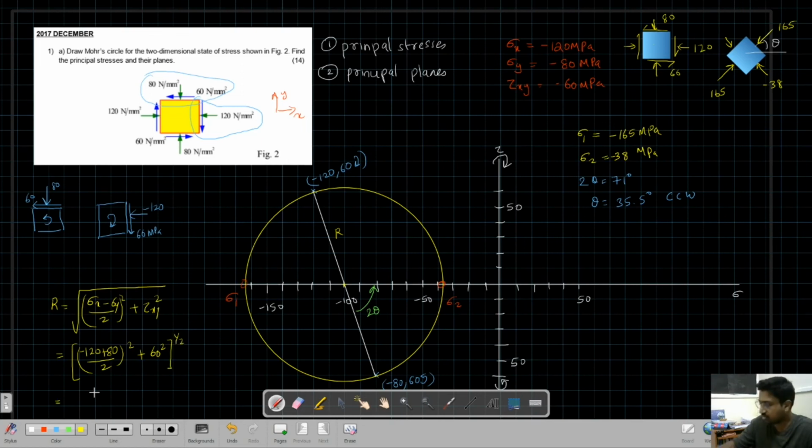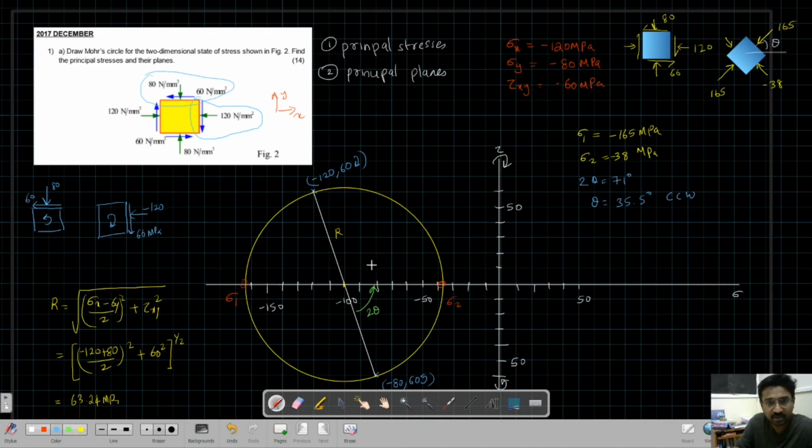So this comes out to be something around, give me a moment to work out. So 20 root 10 or 63.24. So this is the radius of the circle. The radius of the circle is nothing but 63.24 MPa.